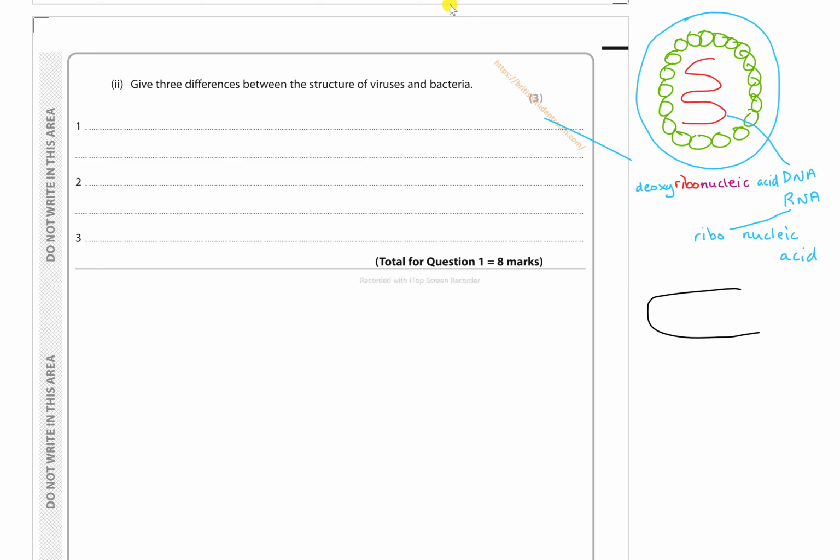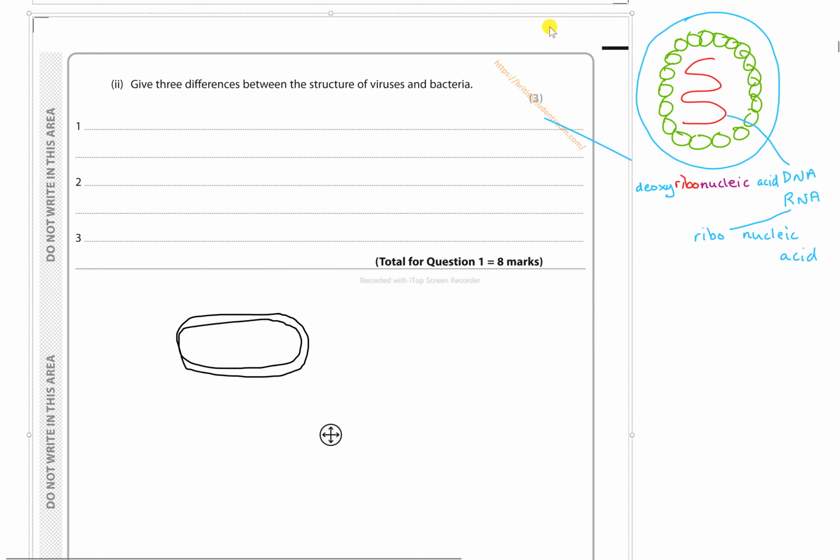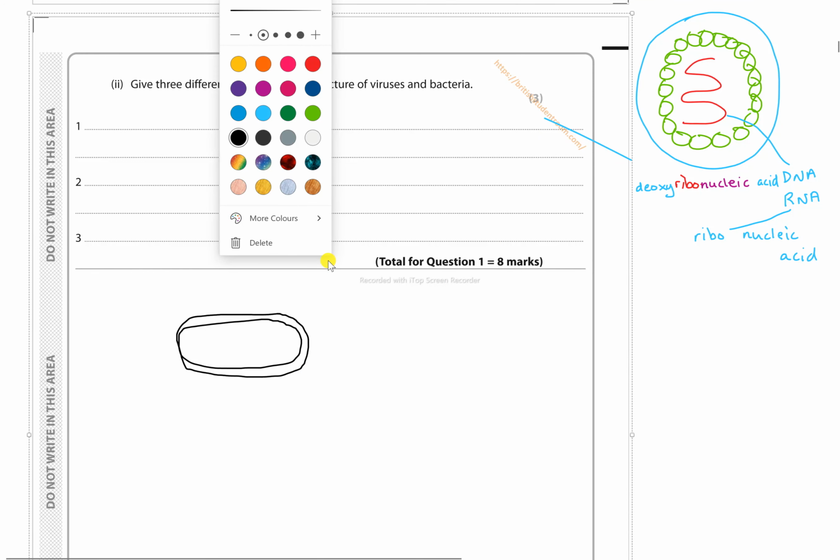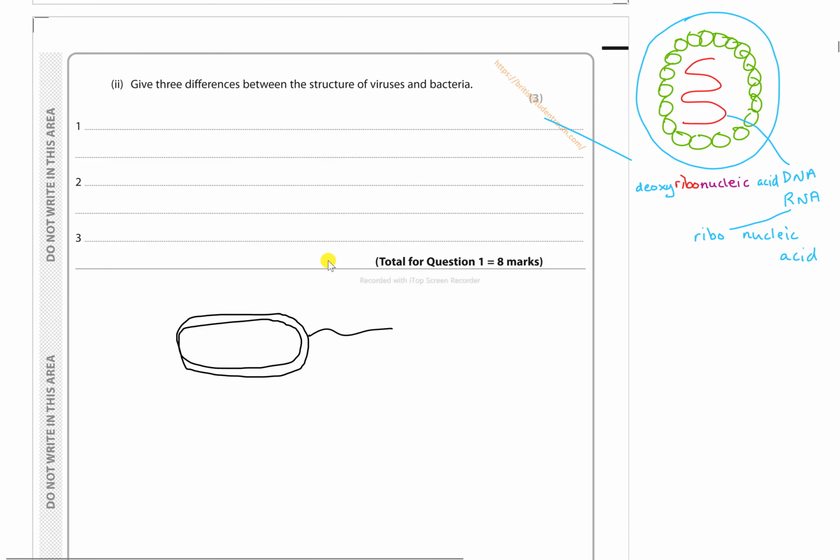Right, let's draw the bacteria. What I'm going to do is move that across here so there's a bit more room. So you have the flagellum. Right, there's a cell surface membrane.